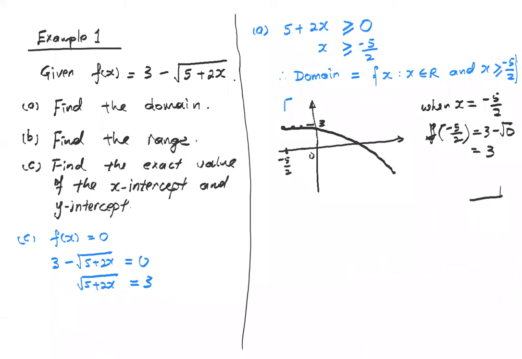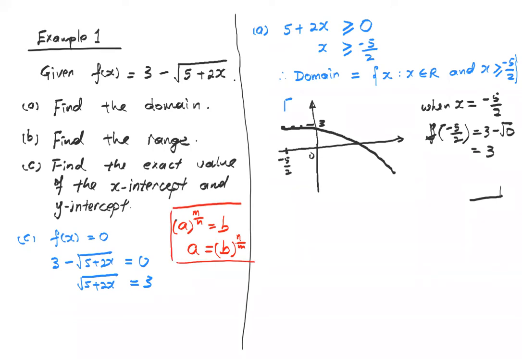That is something that all of us must know. We have to know this indices relationship: if a to the power of m over n equals b, then a will be b to the power of n over m. You can do an inverse like that. This is important indices that you must remember to help us.